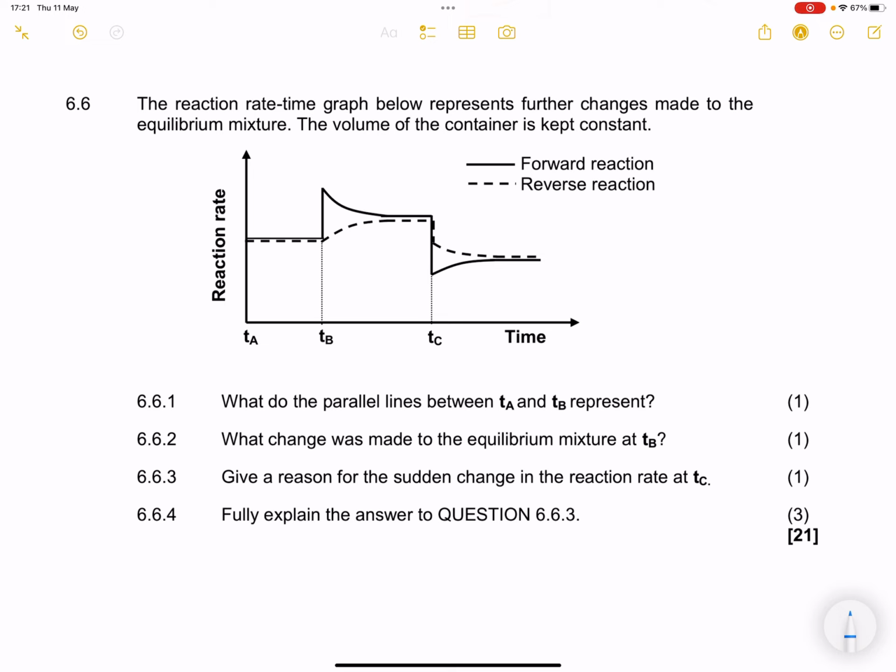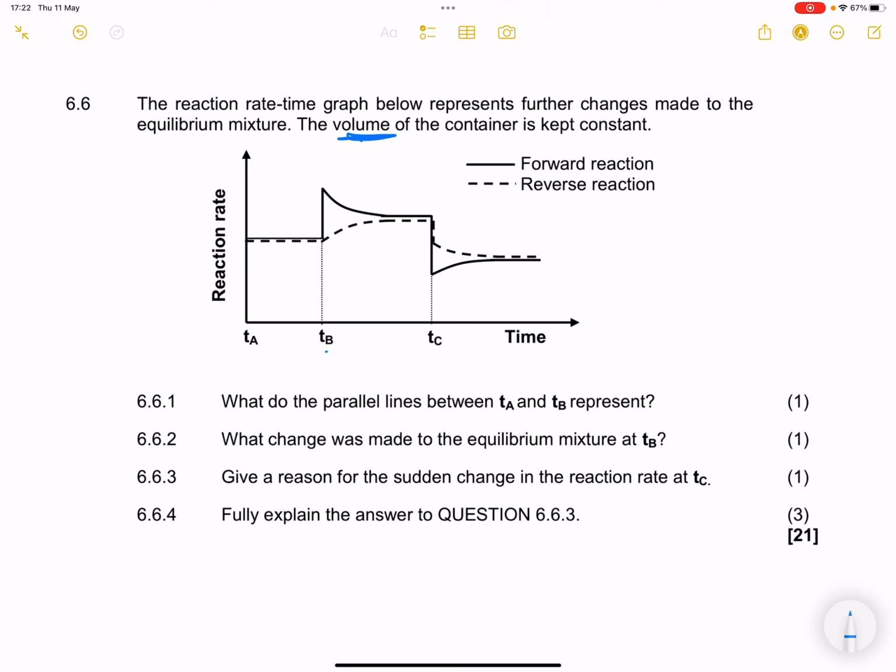Now, we note at TB, what that simply means is that we either would have changed the concentration, or we changed the temperature in this case. Why? Because they said to us the volume stays constant. So let's start.